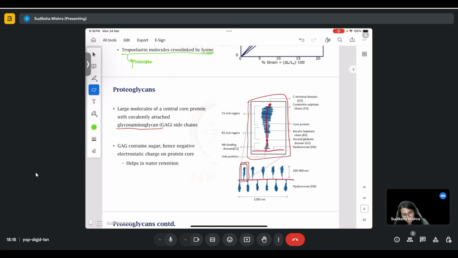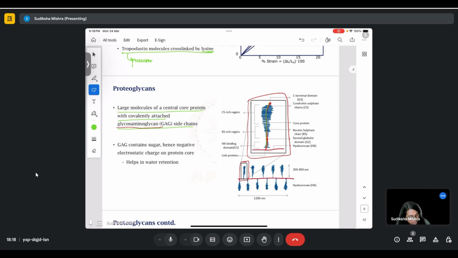Looking at proteoglycans, these are essentially large molecules of a central core protein with covalently attached glycosaminoglycan side chains. This red thing that you see is the core protein, and there are multiple such structures connected to each other to form the final protein.